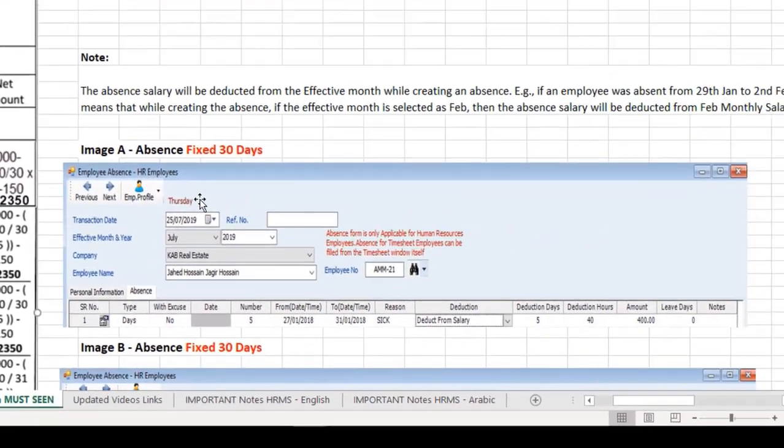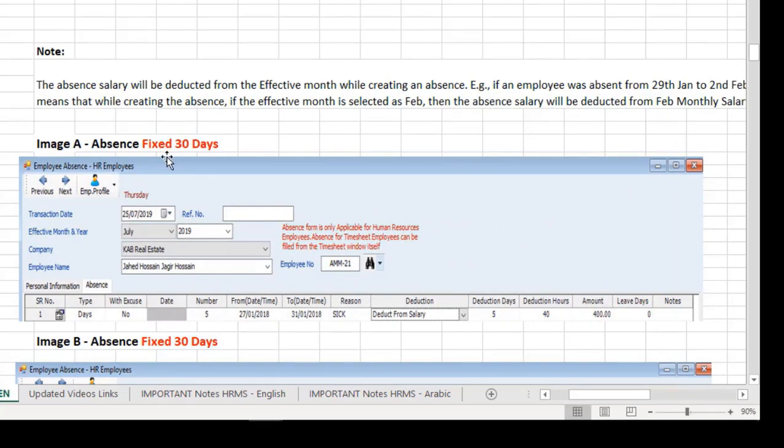In the absence for fixed 30 days, as we can see here, when we put 27th of January to 31st of January, notice here it automatically calculated the number of days, which is 5 days, as we said, and it automatically also deducted 5 days and 40 hours based on the setup of how many hours per day, so 8 hours per day, depending on the company policy, and also it automatically calculated the amount.